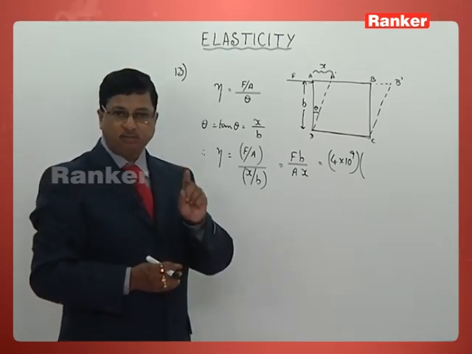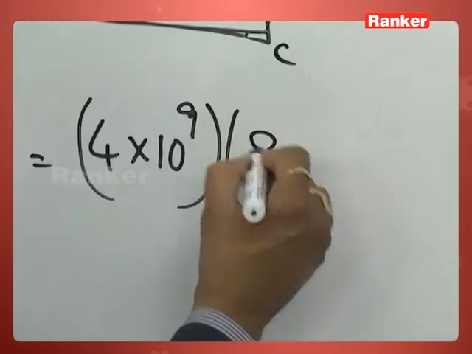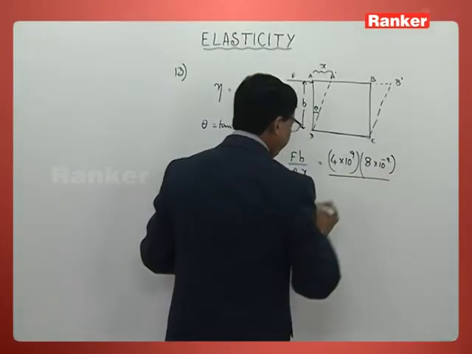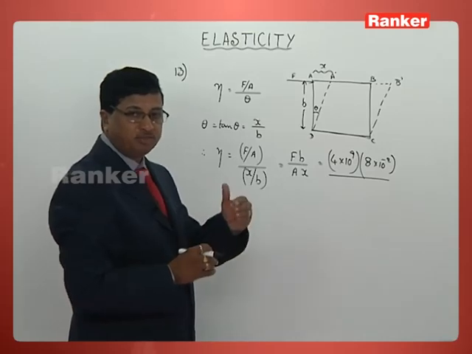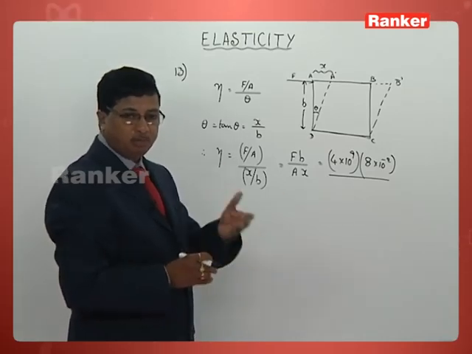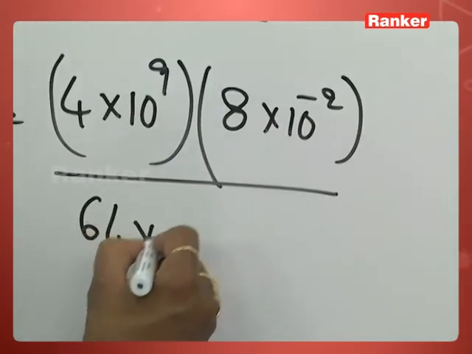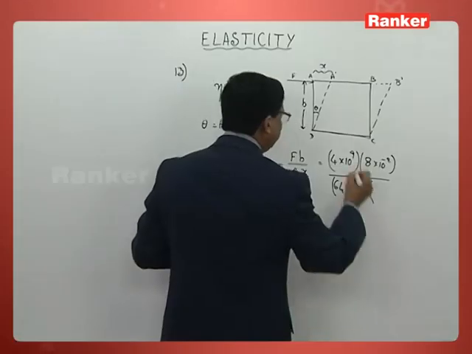Each length is given 8 centimeter. So you can take this one as 8 into 10 power minus 2 meter. Divide. What is the area of cross section of a cube? In fact, it is L square. L being 8 centimeter, you can write 64 into 10 power minus 4. That is the area of cross section.